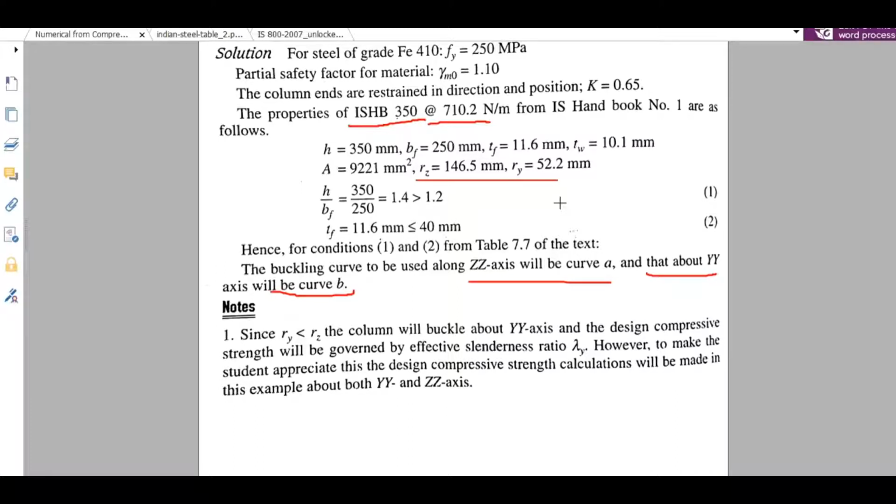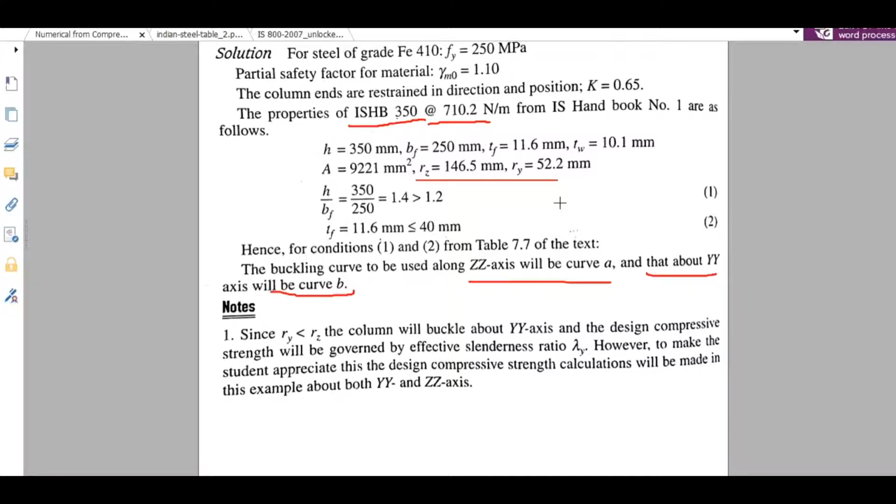As ry is less, the slenderness ratio about the y axis will be more than the z axis. That means if the column has to fail, it will fail about the y axis first, because it is more slender about the y axis.